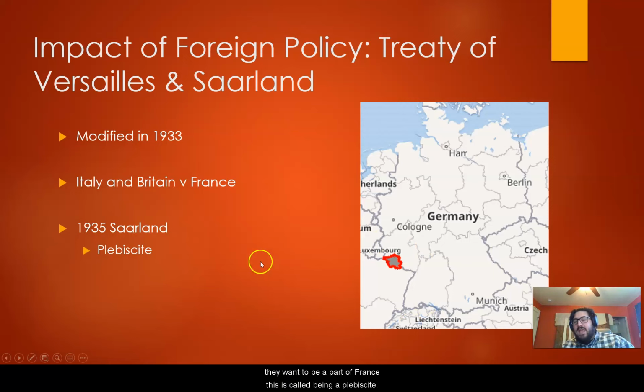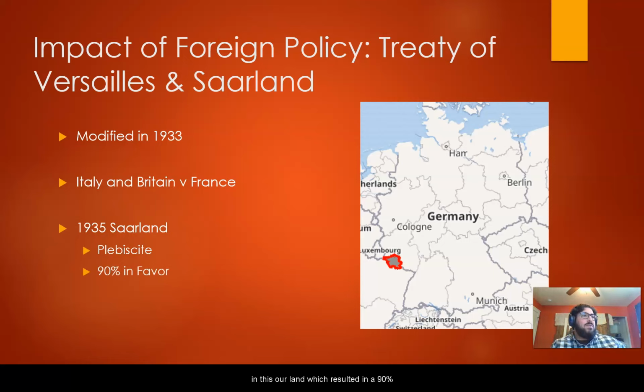This is called a plebiscite. So they decided to take a vote. Incidentally, the Nazi Party just happened to make sure that they sent as many people as they possibly could into the Saarland, which resulted in a 90% vote in favor of rejoining Germany.